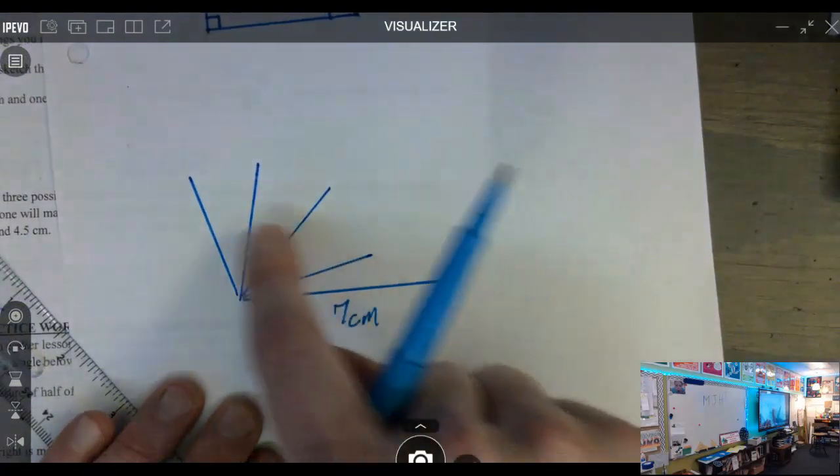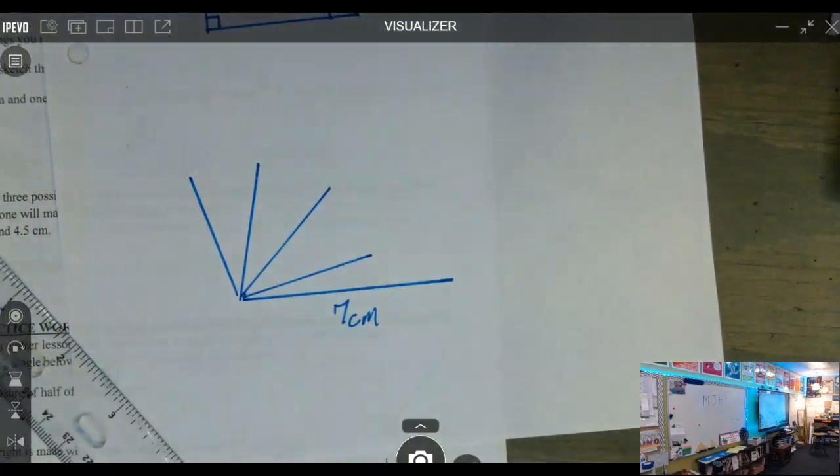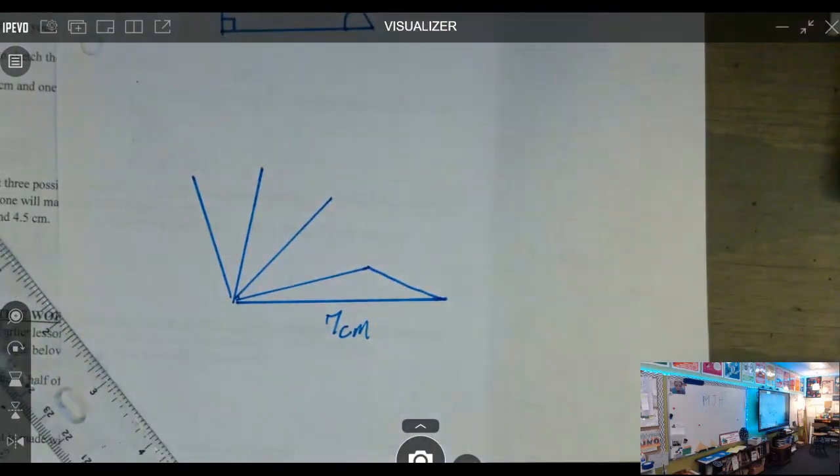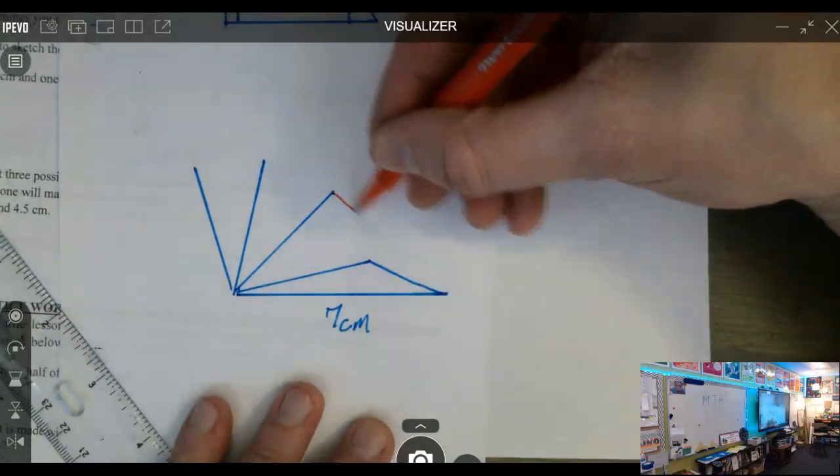So all of these are 4.5. Could I make a triangle like here? Did I satisfy the conditions? Yep.